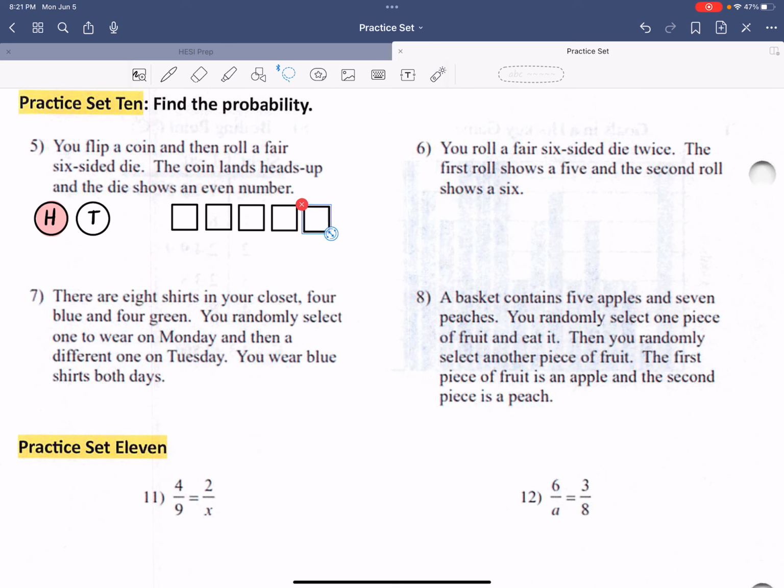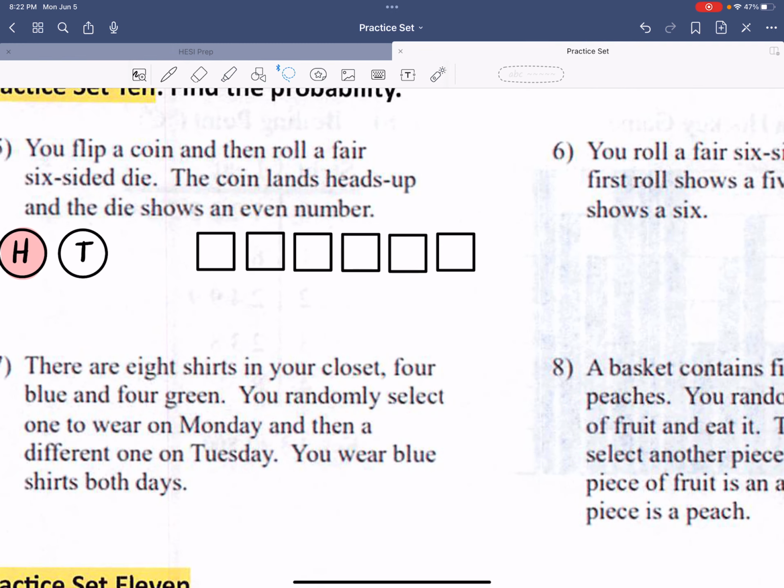If you've heard of people who cheat at games, sometimes they use a loaded die where one side is a 6 and the rest of them are 5s or whatever. This is a fair die. So it has a 1 on one side, a 2, a 3, a 4, a 5, a 6. And this will always be the case for a fair die.